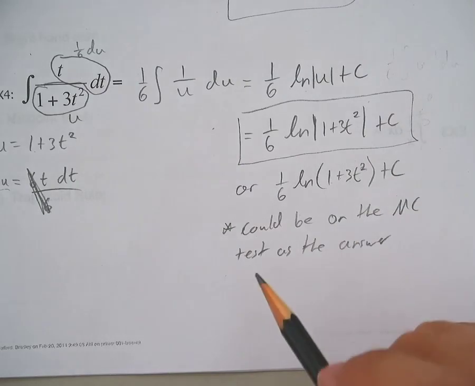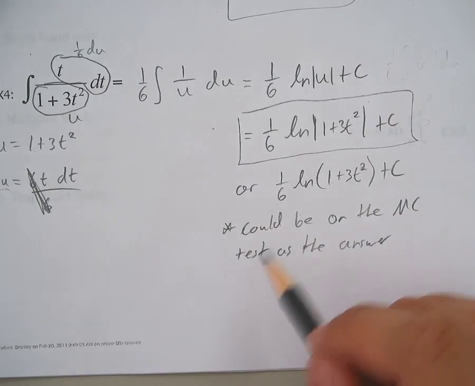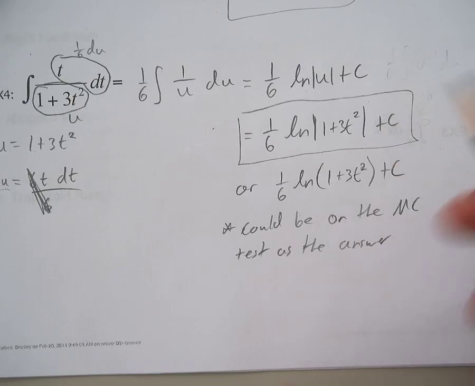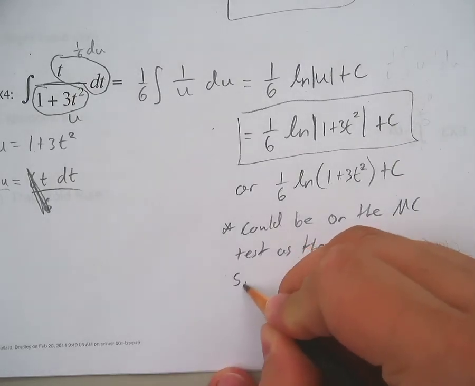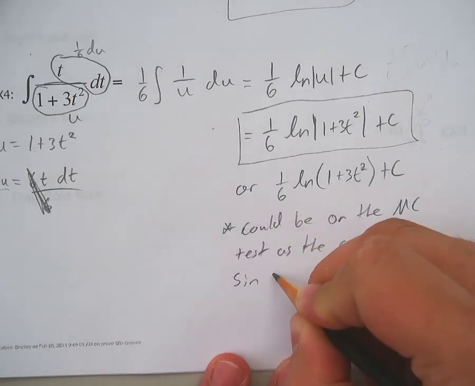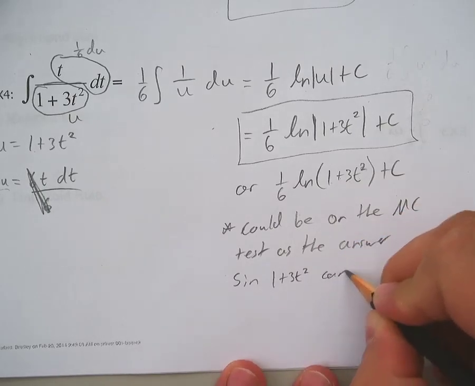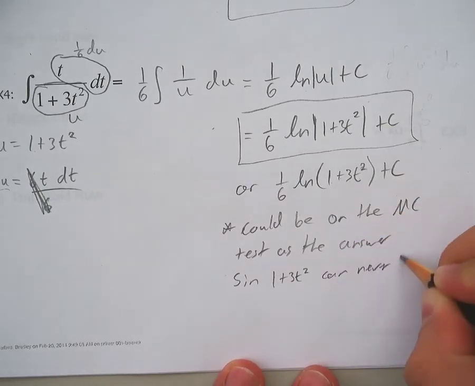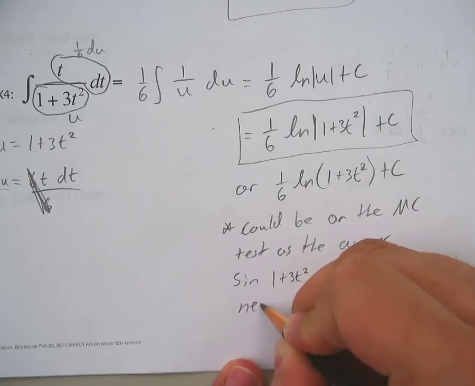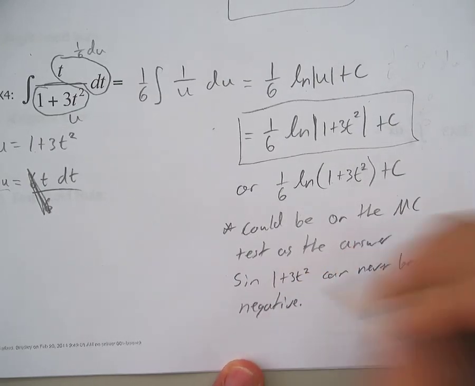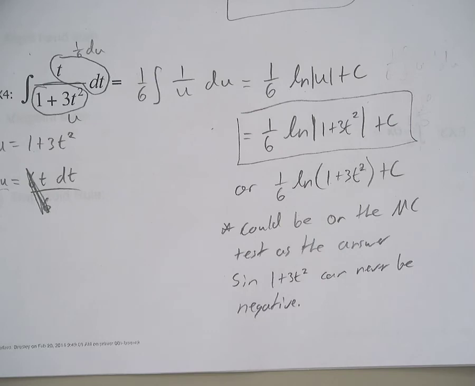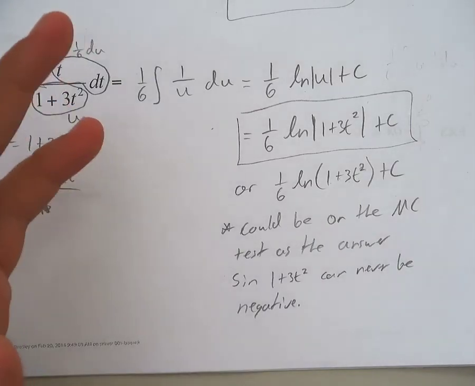This will always be positive, and you're adding 1 to it. So the reason for this is since 1 plus 3t squared can never be negative, they can disregard the absolute values.